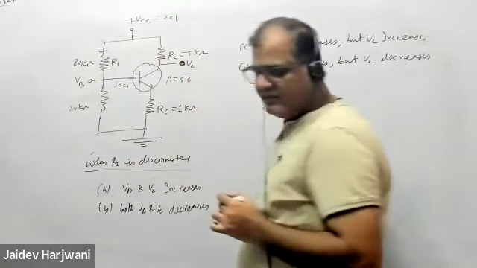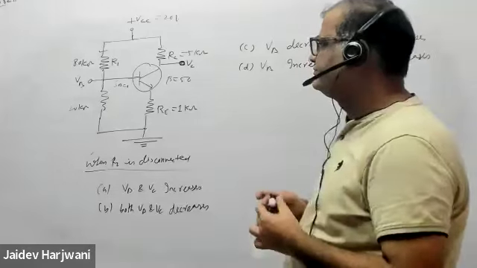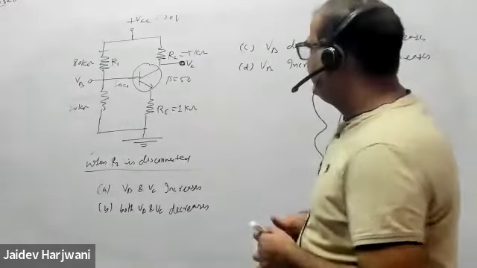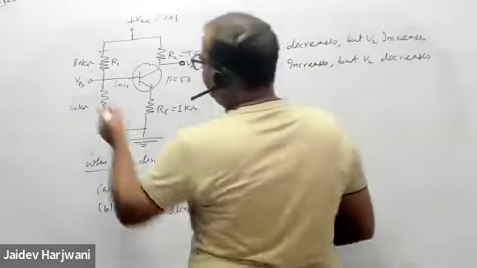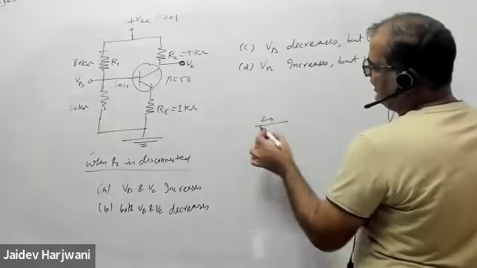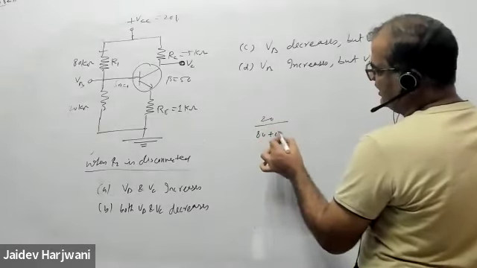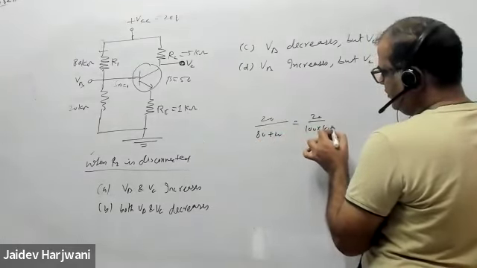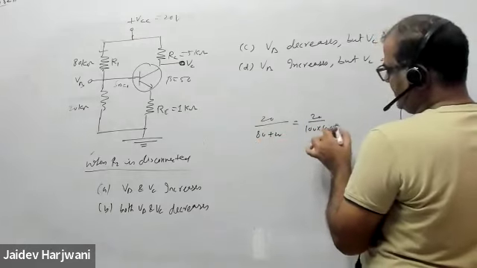What is the value of current? Tell me. Sir, it will be in milliampere. So almost milliampere. So how much is 20 divided by 80 plus 20? 20 divided by 100 kilo ohm.